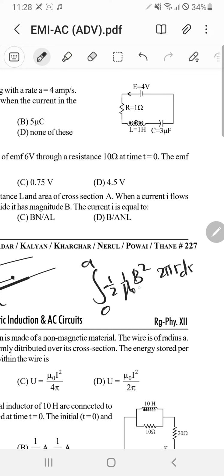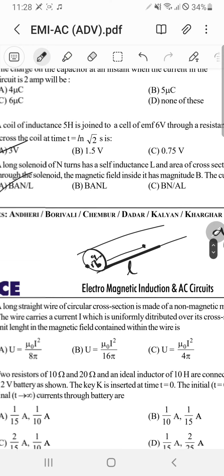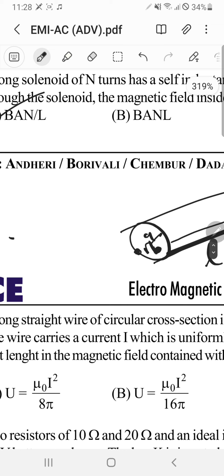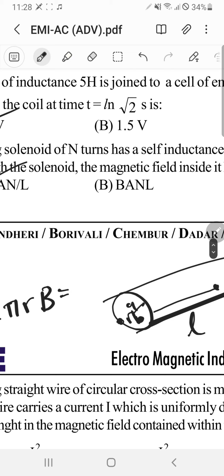And what is the magnetic field really? You can use Ampere's law: 2 pi r times B is mu naught times the current enclosed, which is pi r squared I upon pi a squared.